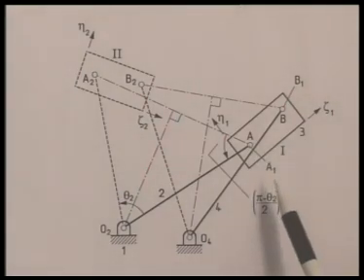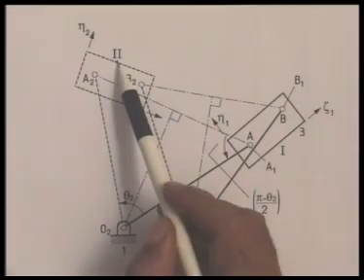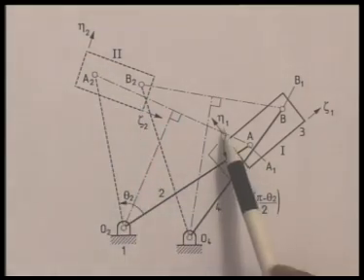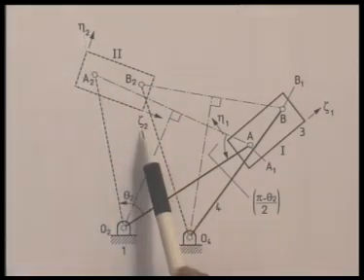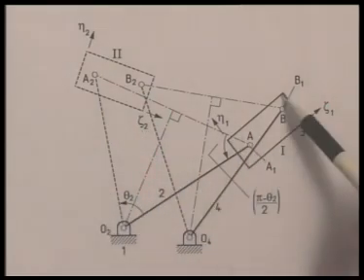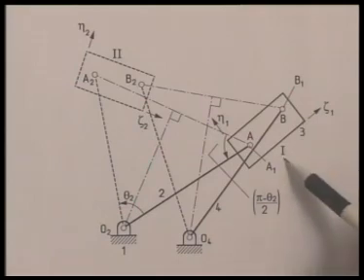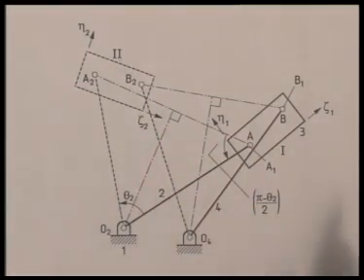And it is desired that this coupler should move from this position 1 to position 2, and the corresponding positions of these two axes take up eta 2 and zeta 2. That is, we have to design a 4R linkage such that by moving that linkage, we will be able to transfer the coupler from position 1 to position 2. And right now, we are not interested in the corresponding movement of the input link.